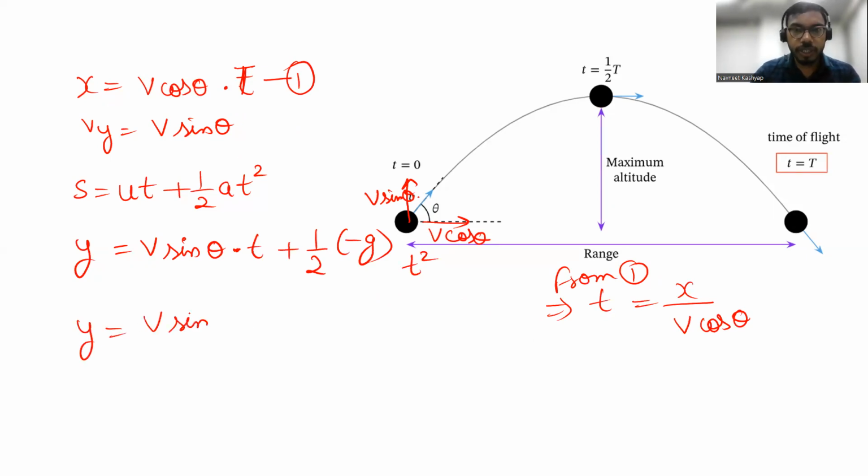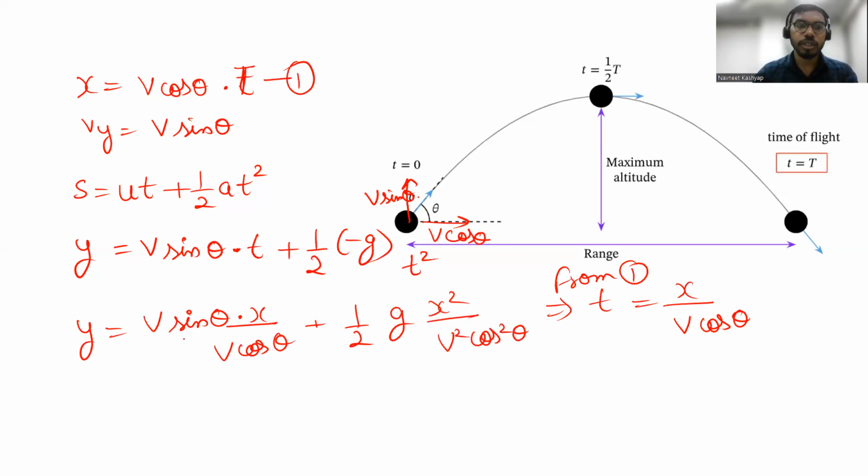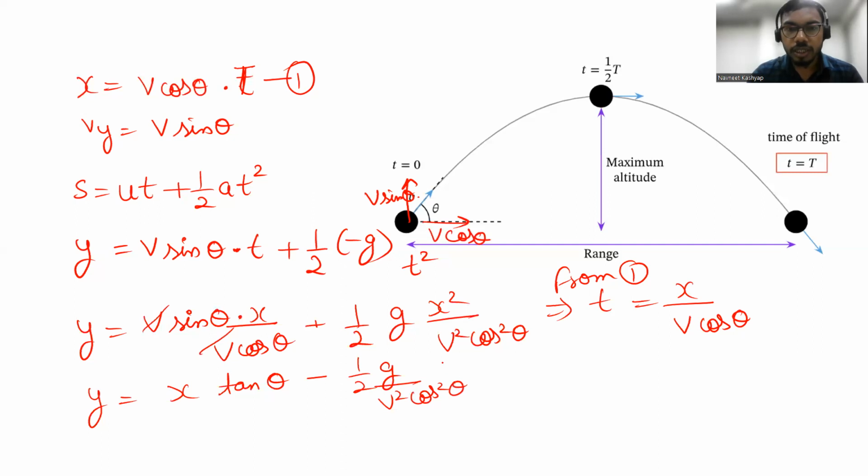So what do we get? y equals v sine theta into x by v cos theta minus half of g x squared by v squared cos squared theta. Further, y equals x tan theta minus half g by v squared cos squared theta into x squared. In this equation, for a given projectile, the initial angle and initial velocity are given, so they are fixed, they are constant.